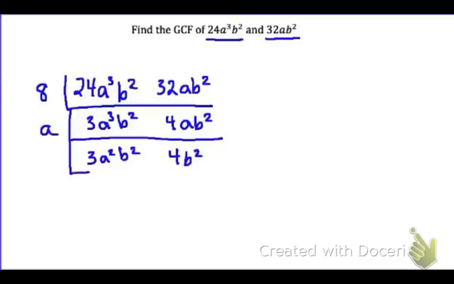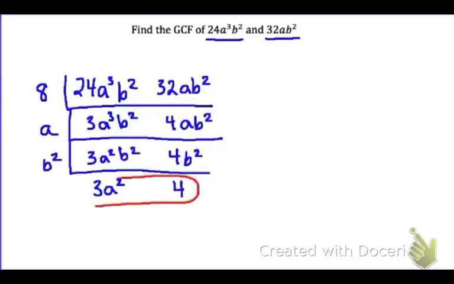Now I'll focus on the b's. I have b squared and b squared. Well, the common factor there is b squared. So I'm left with 3a squared and 4. So, just like in our previous example, these two monomials at the bottom are relatively prime.